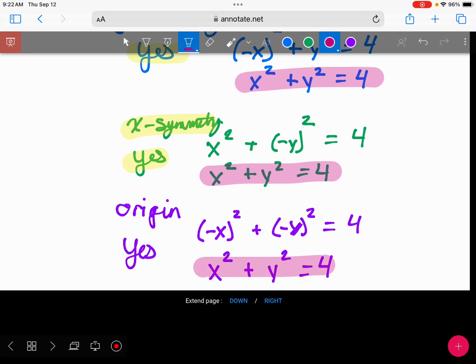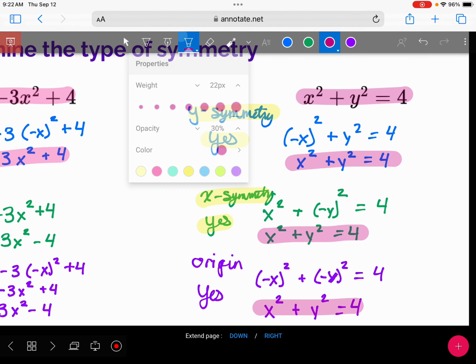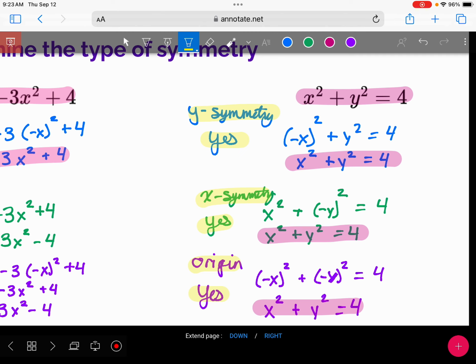What shape is this? What would this look like if we graphed it? You remember? If I have x squared plus y squared equals a number. It's not slope. Geometry. Think geometry. Closer.